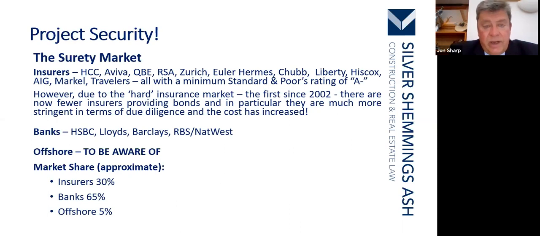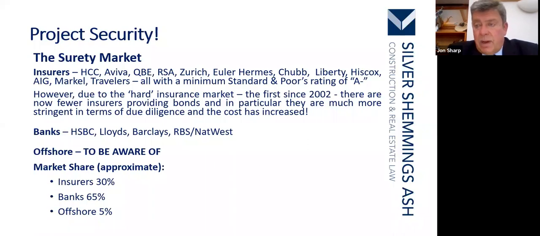They're all good at providing bonds. They've all got a minimum Standard & Poor's rating of A, so they are not going to go bust. However, we are now in, without any shadow of a doubt, I've been practicing in the insurance market for 32 years, the hardest insurance market I have ever known.